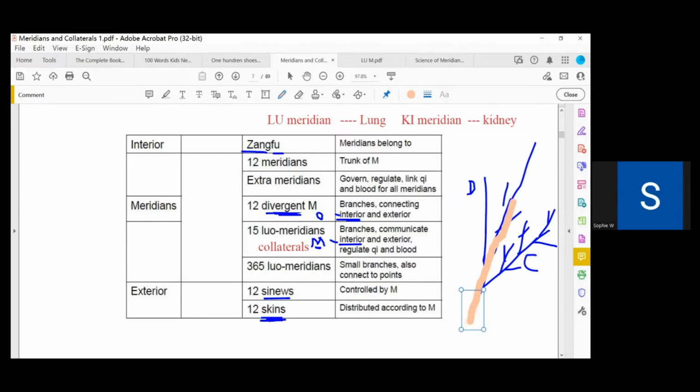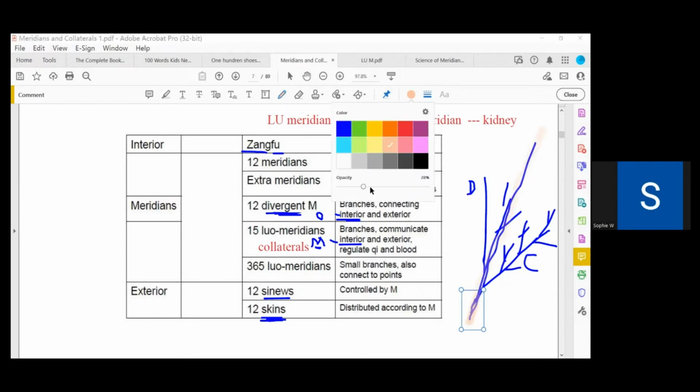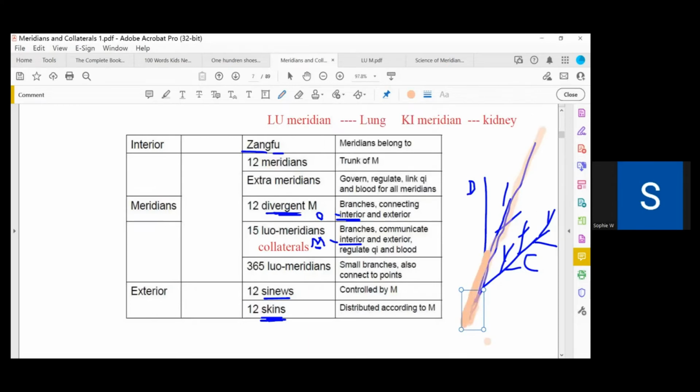Right, the meridian here and the skins here. And it's not just a line for the skin. It's called the skin regions.